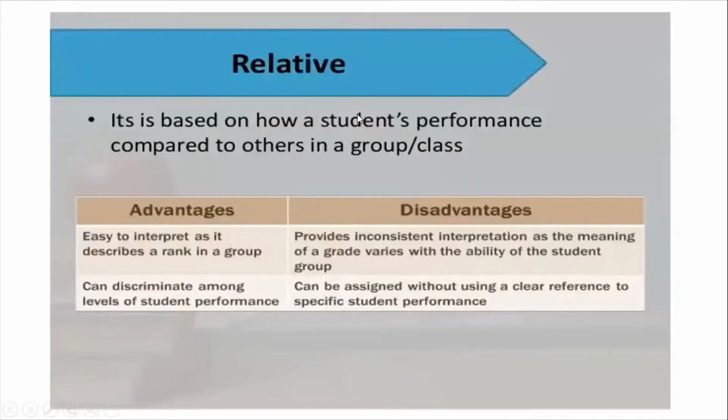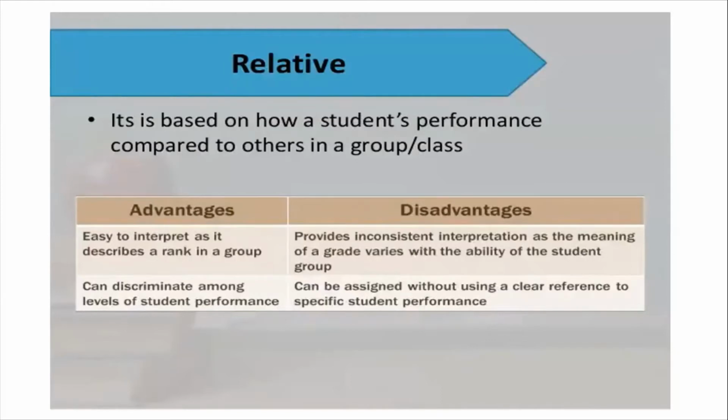Relative grading is based on how students' performance compares to others in a group or class. Usually this is based on the highest score and the lowest score, and then you start placing what grade based on the highest and the lowest that the group got.